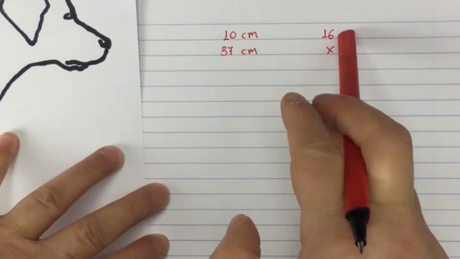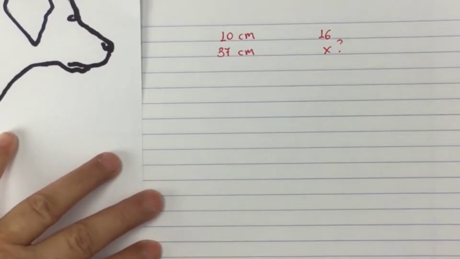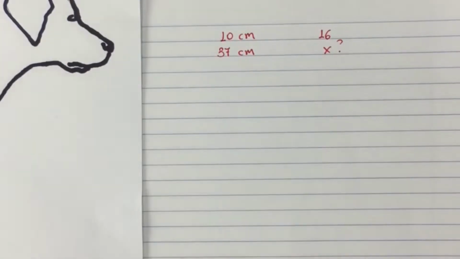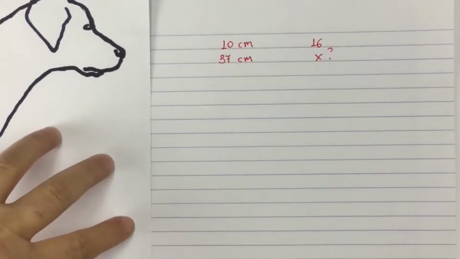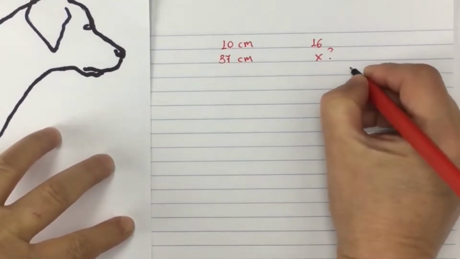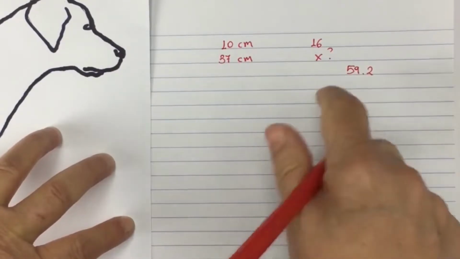But if you don't want to trouble yourself with this, there are online calculators that you can use, or you can use a calculator. So I have already done the maths, and I know that I need 59.2 stitches.